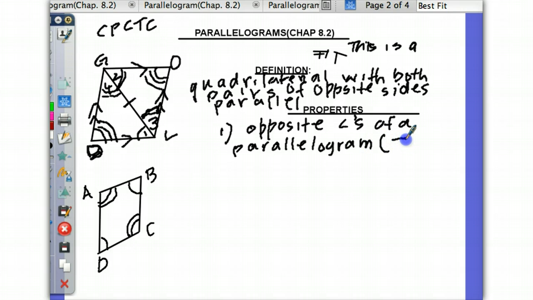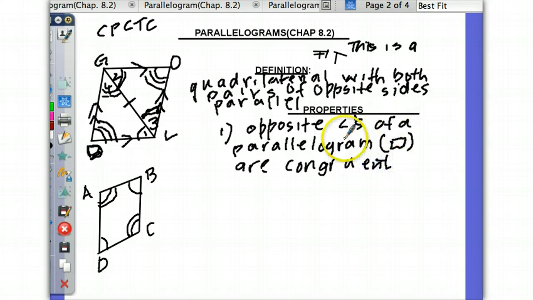Whenever you see this in books, it kind of looks like a tilted over square or rectangle like that. These are congruent.